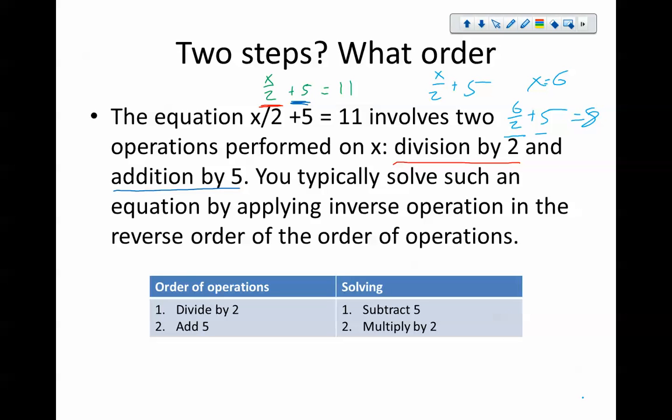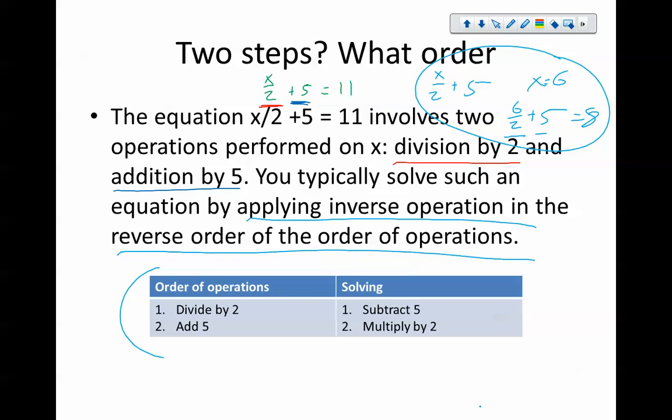However, when we're solving an equation and applying the inverse operations, we're actually going to do the reverse order of the order of operations. Order of operations says that we should divide by 2 first and then add 5. That's if we're using order of operations to simplify.